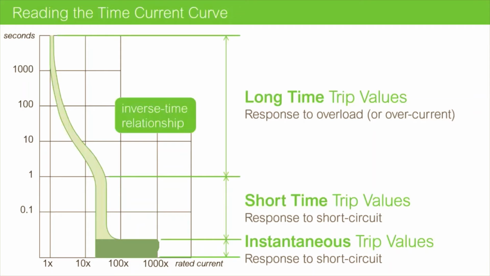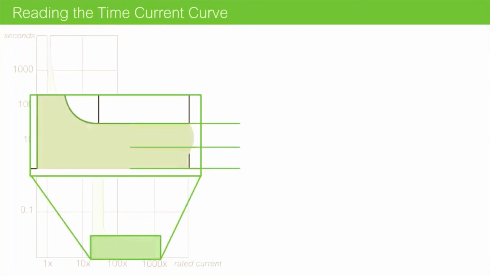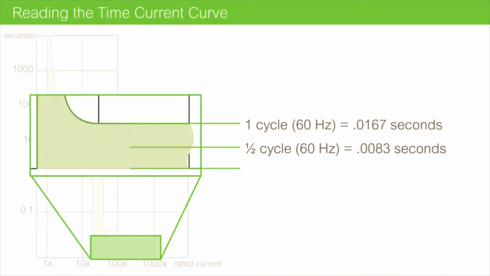You can see for this time current curve that whether at an amperage of 100 times or 1,000 times the rated current of the circuit breaker, the breaker will trip by the same maximum time limit. In our instantaneous trip responses, you'll see that we can respond as fast as the spike in the current waveform.